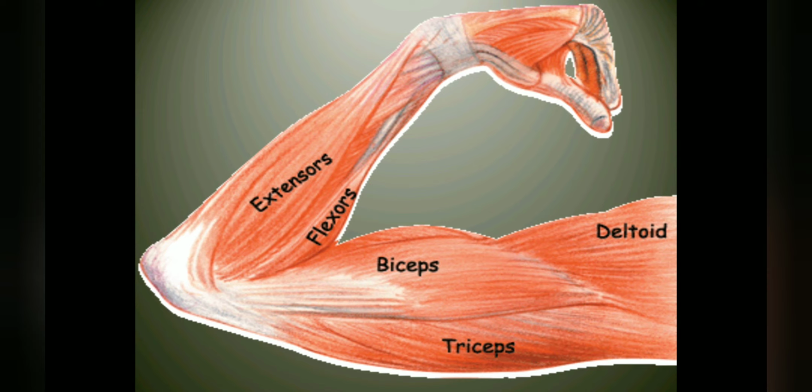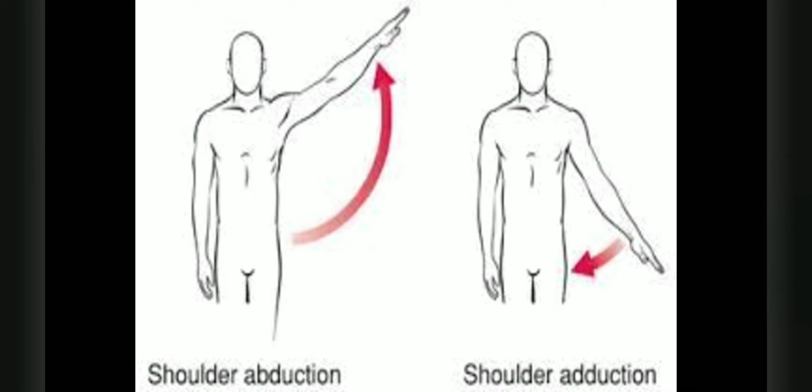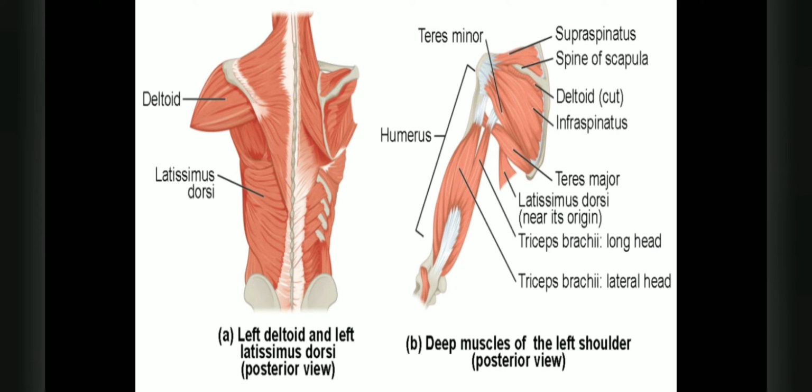This muscle helps to move the arm away from the body. Then second one is adductor. Adductor muscle moves a body part towards the body axis. The example is latissimus dorsi of shoulder, and this helps to move the arm near to the body.